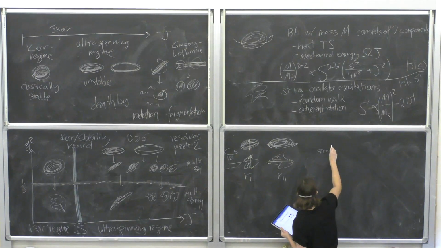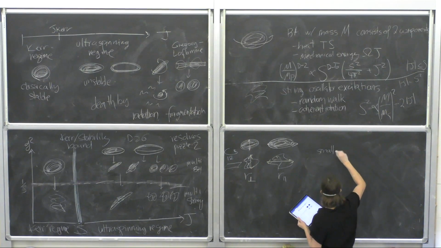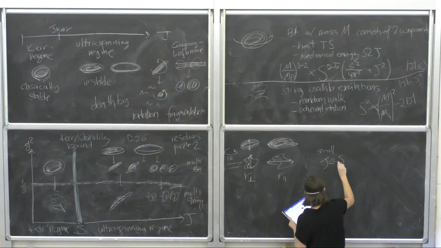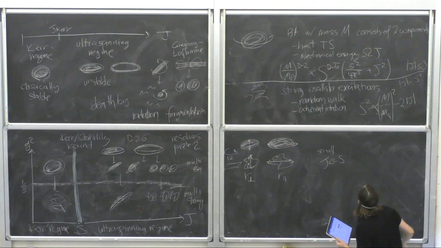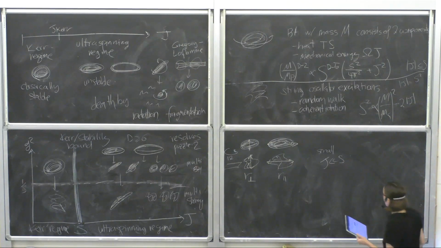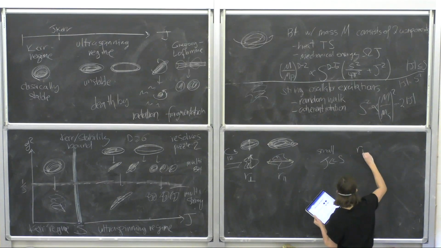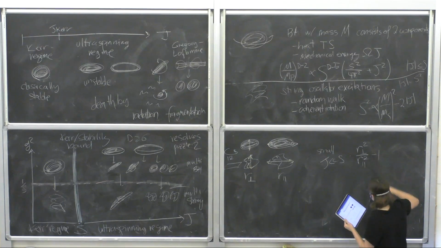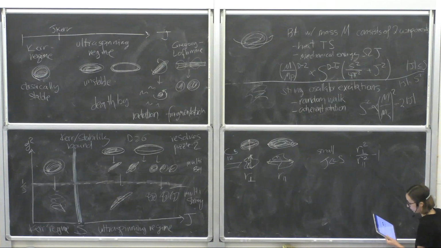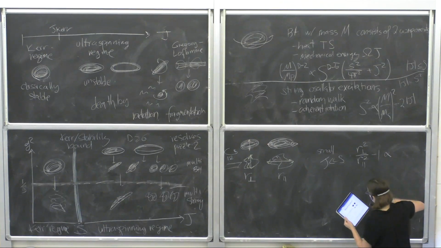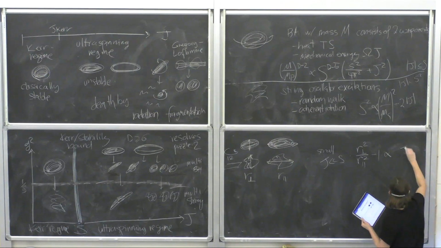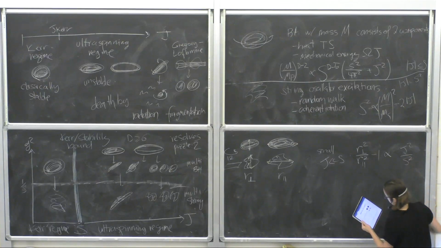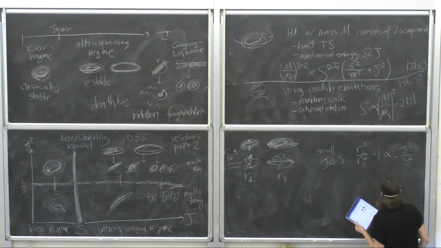And let's start with what we expect. So for small j, which means much smaller than the entropy, well, we had this formula over there. So what we might expect is that if we compute the ratio between the size perpendicular to the rotation plane and in the rotation plane, and let me subtract 1 from it, that would be the static case, then we expect this to go like j squared over s squared, actually with a minus sign.